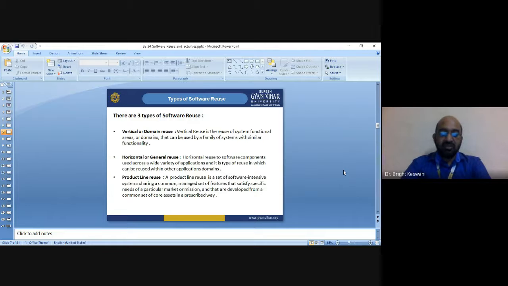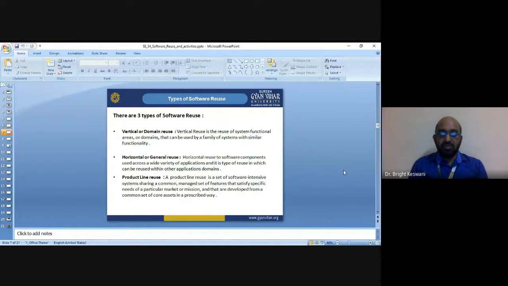The reuse of horizontal assets is sometimes called general reuse. General or horizontal reuse refers to software components used across a wide variety of applications, and it is a type of reuse in which components can be reused within other application domains also.